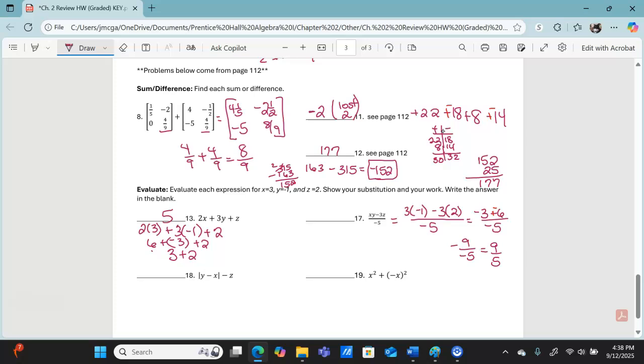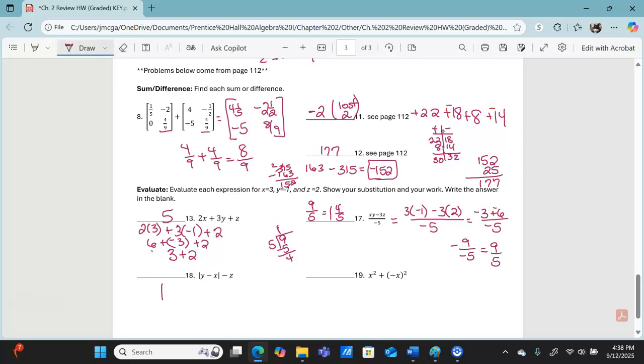Negative divided by a negative is positive. So 9/5 as a mixed number would be 1 4/5. You would get that by taking the 9 and dividing it by the 5, and that's how you get your 4/5. There's your numerator, there's your denominator of your fraction.